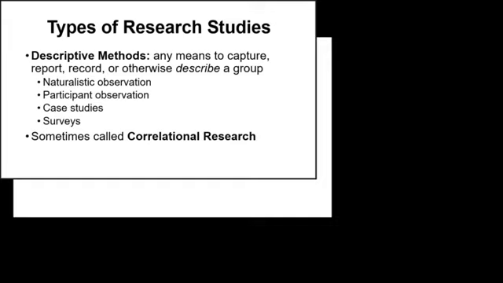So you can obtain the measures of each of those variables using a descriptive method, but it's not correlational research unless you're specifically trying to find the relationship, looking for a correlation between those two variables. So you'll see them used interchangeably, but they're not precisely overlapped.